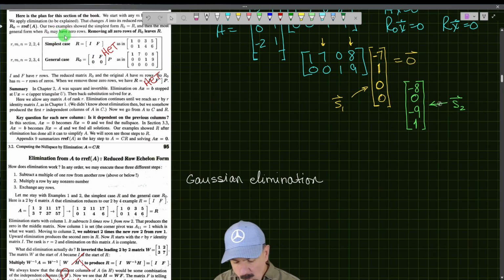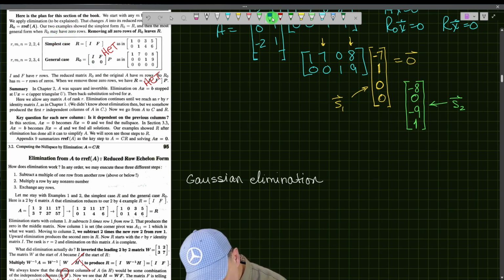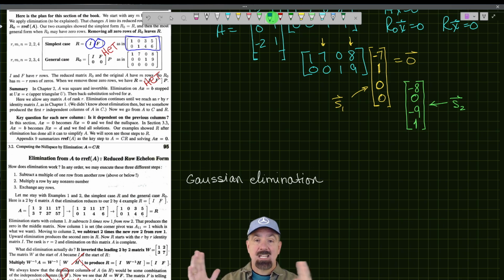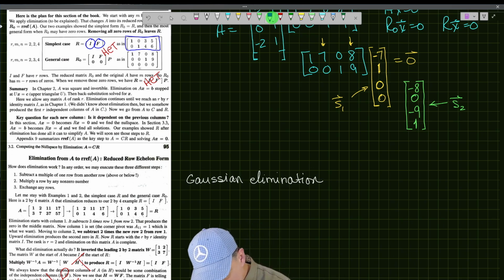Well, when we have a really easy problem, like this one here, it's very easy to see that we have the identity matrix and we have his F matrix. That doesn't come up very often. Oftentimes, we end up with an RREF where the pivot columns are mixed throughout, not just all stacked at the beginning of the RREF. And that's where he's talking about this.